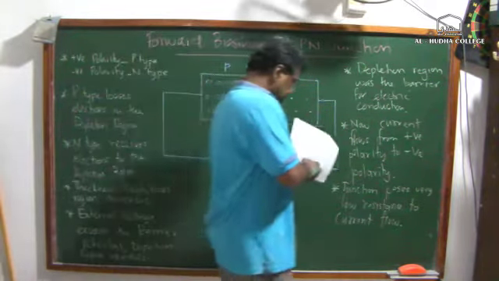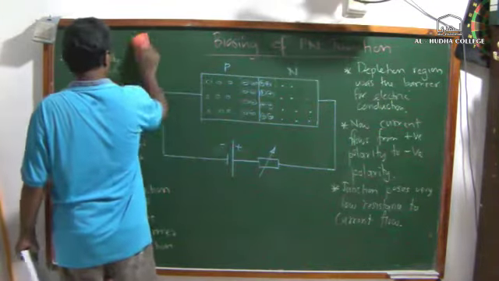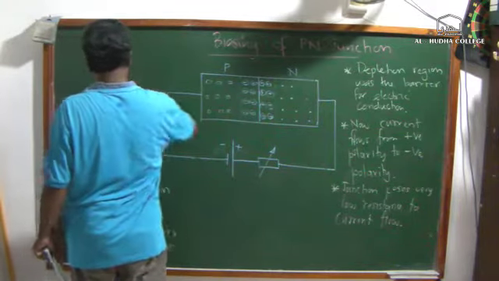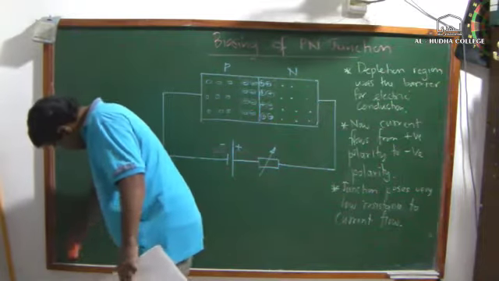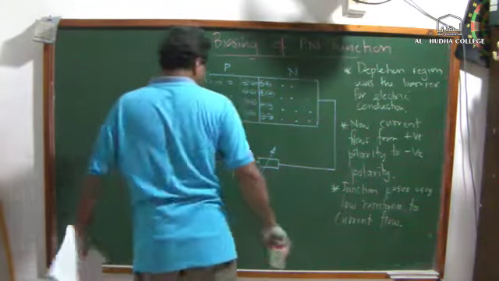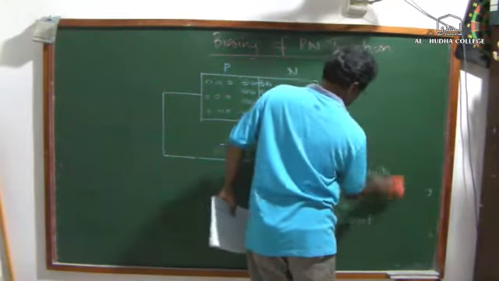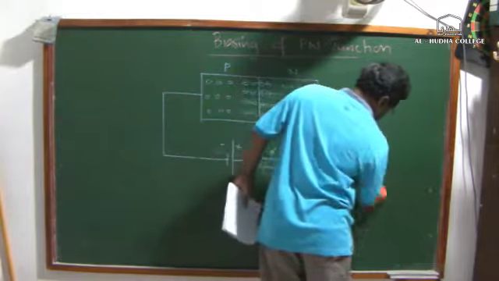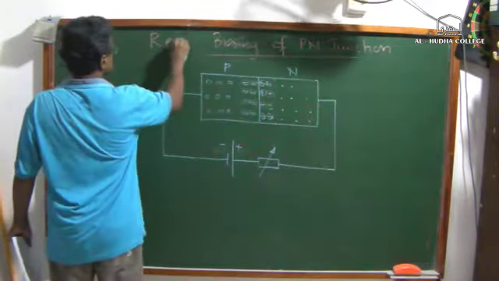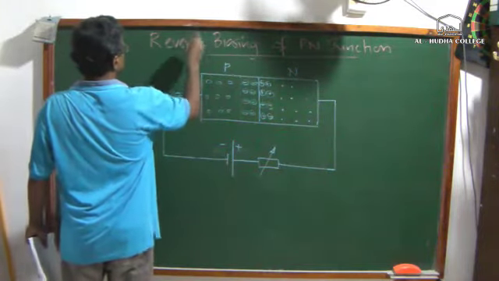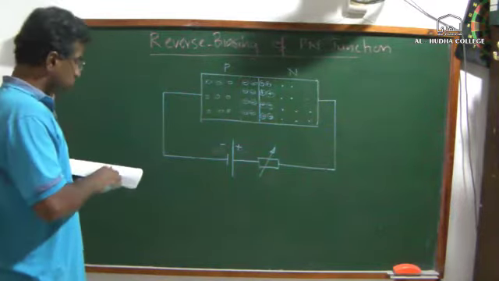This kind of supply is called negative or reverse biasing. When you reverse bias, let's see what happens.